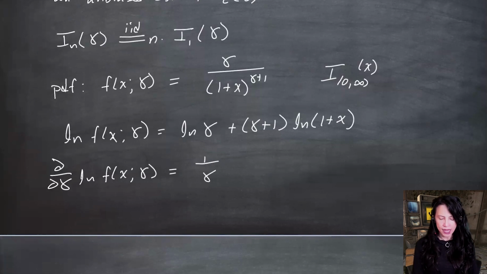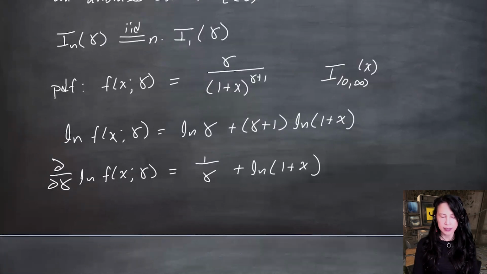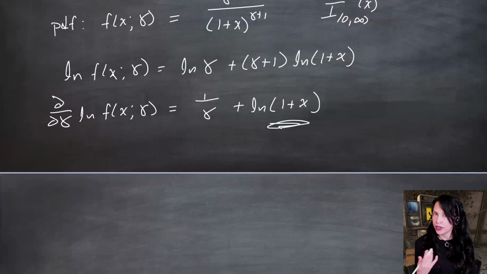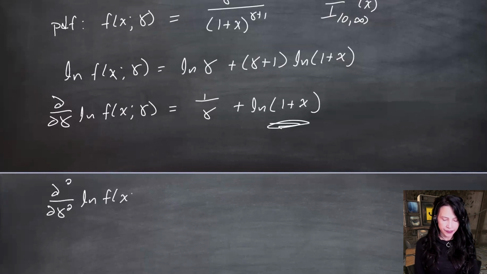We get 1 over gamma plus the log of 1 plus x. I can tell you right now that you're going to want to take that second derivative, because this ugly expression is going to disappear when you take the derivative with respect to gamma. So let's take the second derivative. And we get negative 1 over gamma squared plus 0.